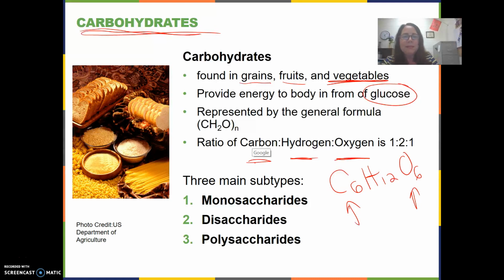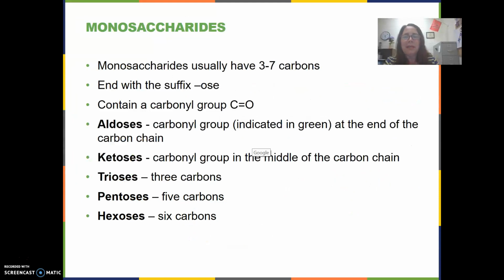The subgroups of carbohydrates are monosaccharides. Those are the single simple sugars like glucose. Disaccharides, which are a combination of 2 monosaccharides. And then polysaccharides like starch, which are many sugars, many monosaccharides linked together in a chain.